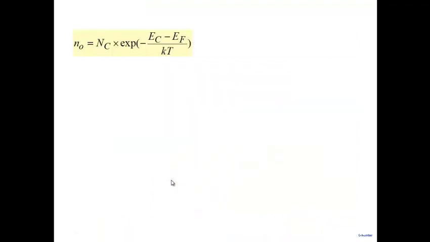Now, once I have EI, there are a couple of simple derivations from here. So n0 is Nc exponent (Ec minus EF) by kT. We can write it in terms of ni. When I have taken an intrinsic semiconductor, I have ni equal to Nc exponent (Ec minus EI) by kT, where the Fermi energy in an intrinsic semiconductor is at EI.